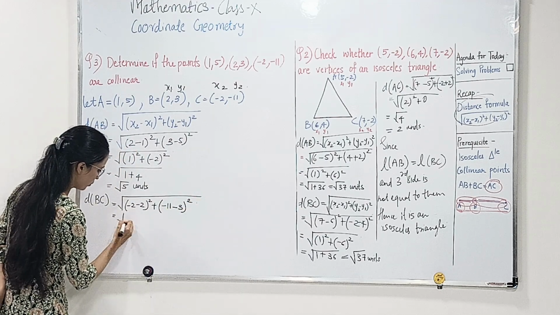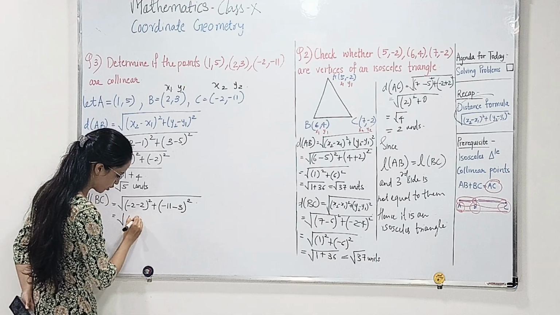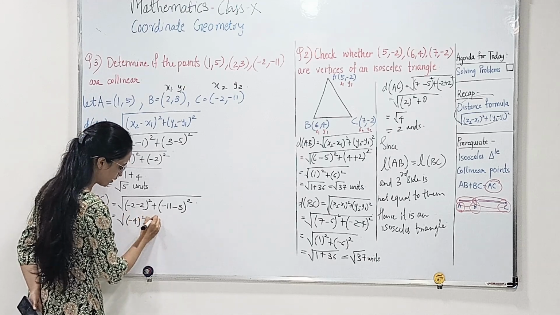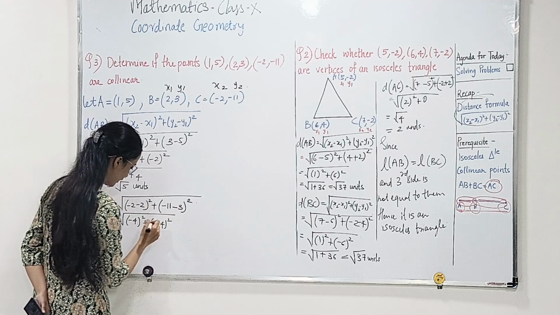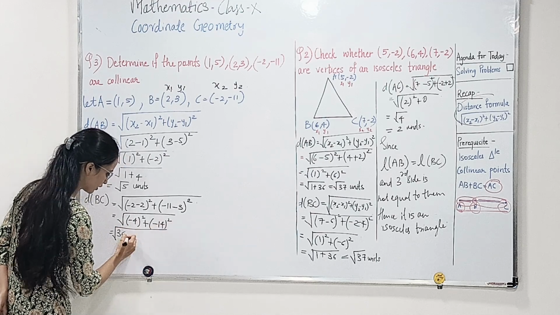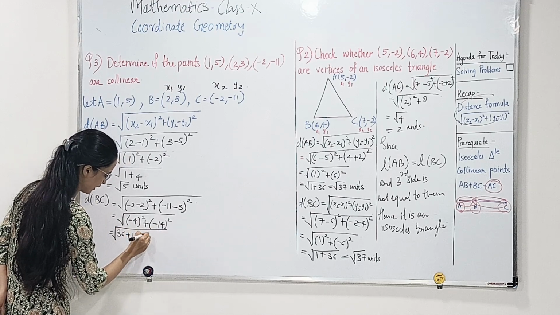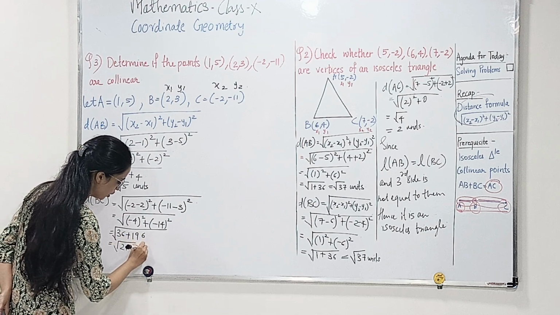So that is under root of minus 4 the whole square plus minus 14 the whole square, which is under root of 16 plus 196, which is equal to under root of 212 units.